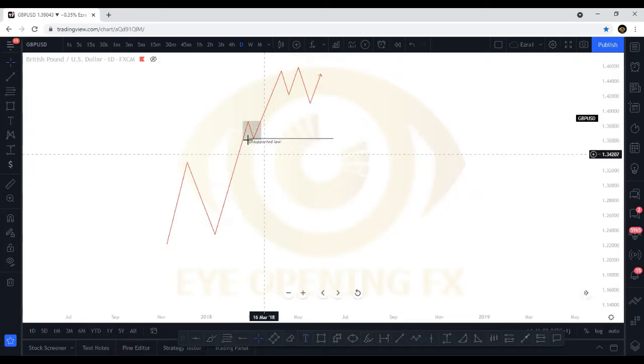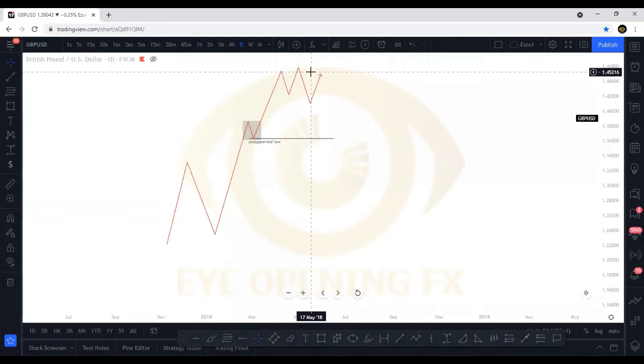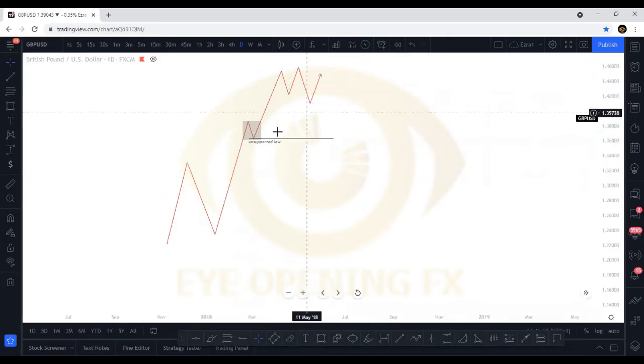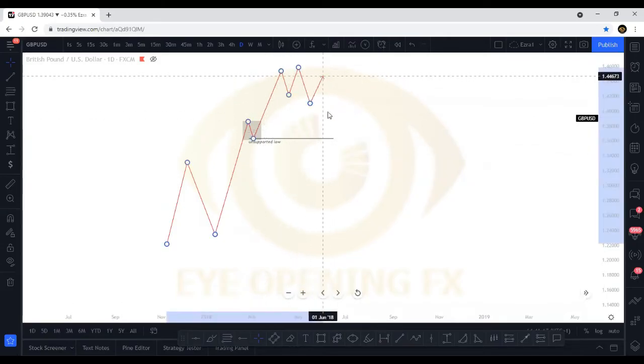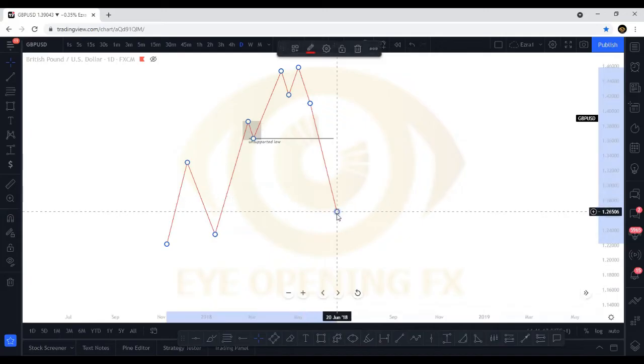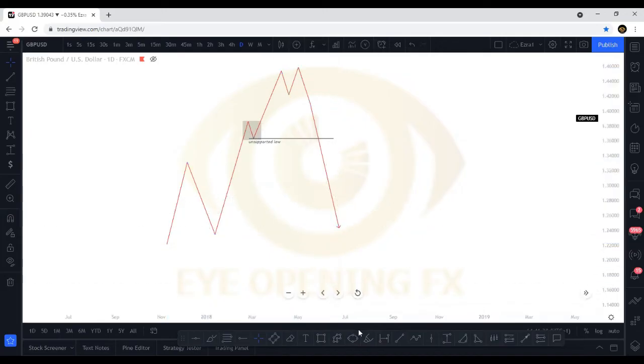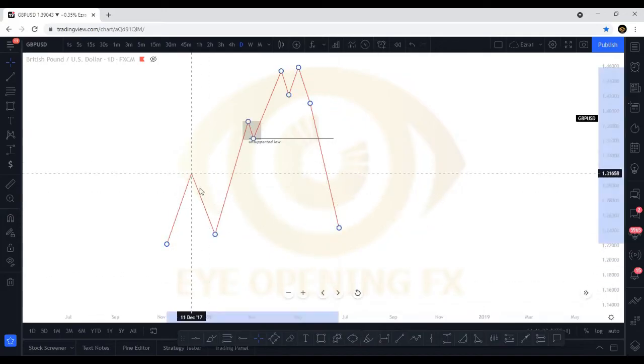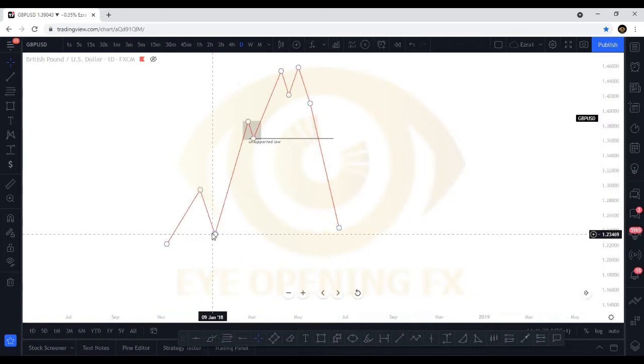This low is what we call unsupported low, before the market creates a higher high. So after the market creates a higher high, when the market creates this unsupported low, the next thing you should look for is a buy move. You look for the buy move in this new zone that the market creates here.